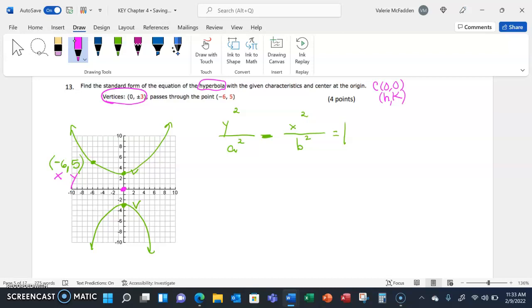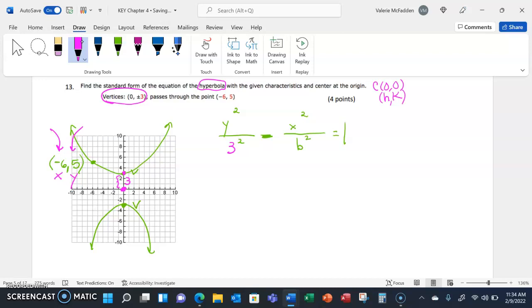So here's what we know. We know the center is at the origin. We know we have a vertex here. So underneath your y squared, you should have 3 squared. If you have to move on your y-axis, that number is under your y's. So that's going to be 3 squared. Like I said a second ago, anytime they give you a point that the graph passes through, you can plug that point in for x and y.